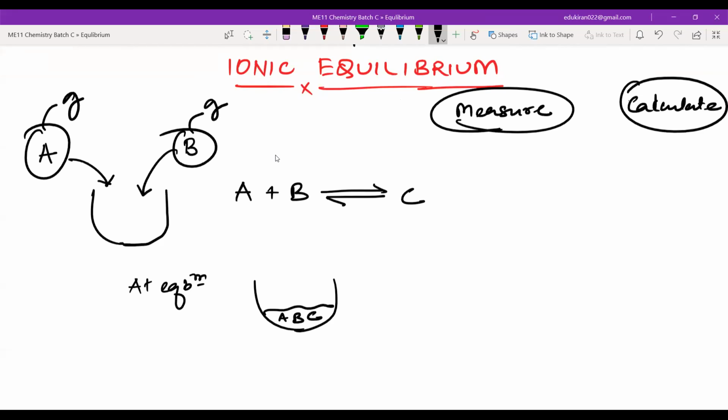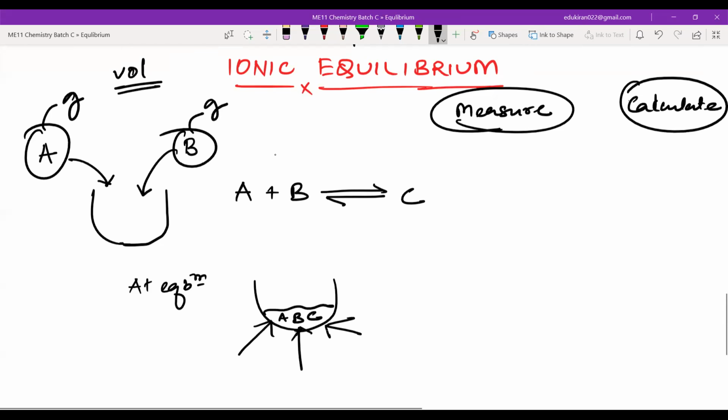That means a ruler, nothing else. You just need a scale and something to weigh on. So for the mass and the volume, we have instruments from which we can measure the initial concentration.